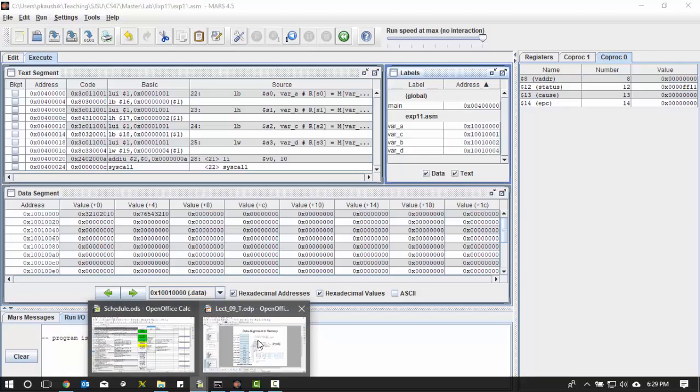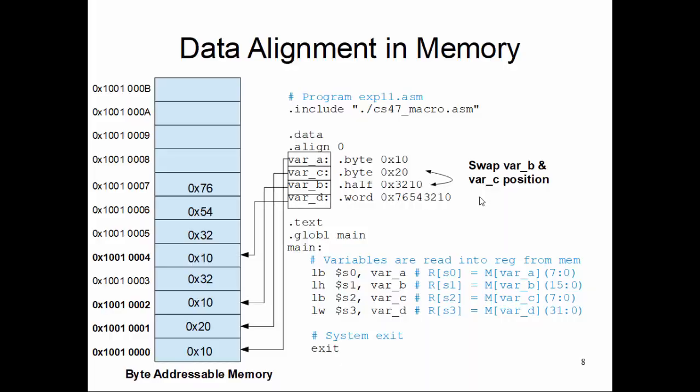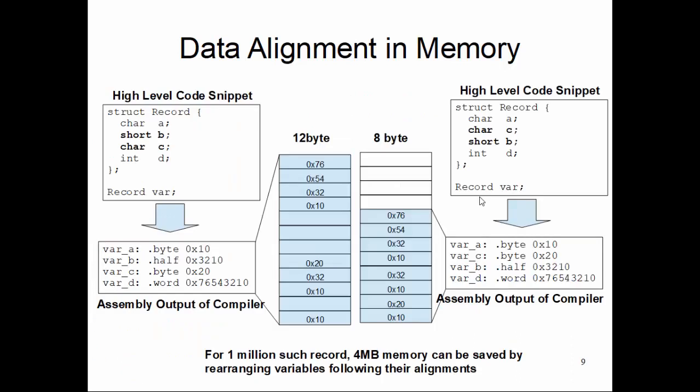So now data alignment in the memory, even in the high level program, is important. Why? Let's say I have a record structure which uses character, short, character, integer, right? This is the same sequence as byte, half word, byte, word.